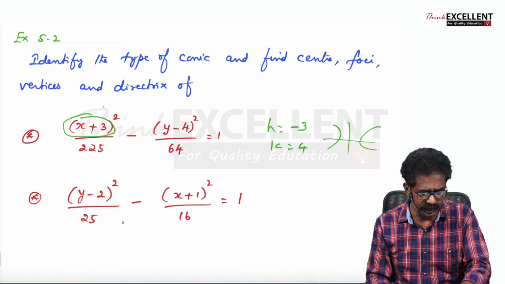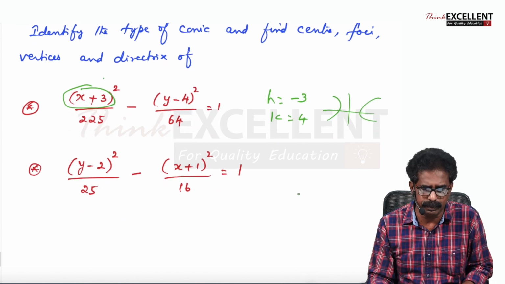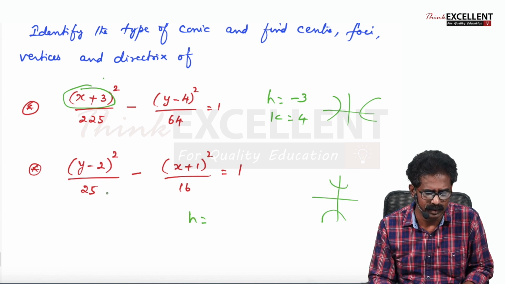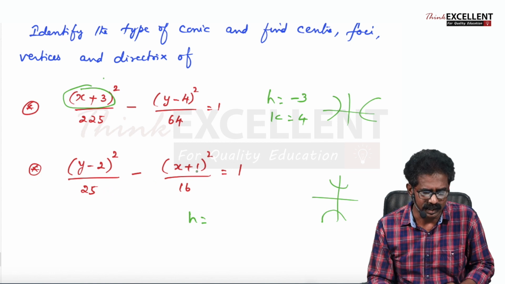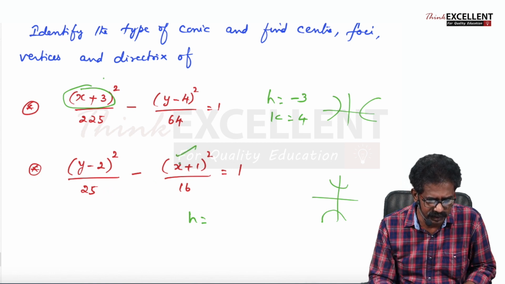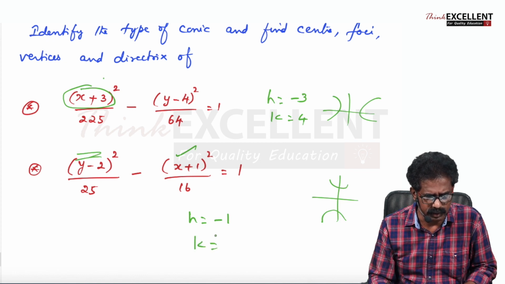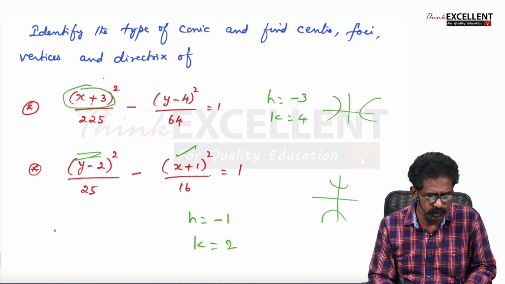For the second one, it is starting with y, so it is of the second type. So what is h value? To be very careful. x, you see, for h, you look at this, x is here, right? So change the sign. h value minus 1 and k value is what? Here, change the sign, 2. a square, b square, first one's denominator, 25, b square is equal to what? 16. Okay, this you try.